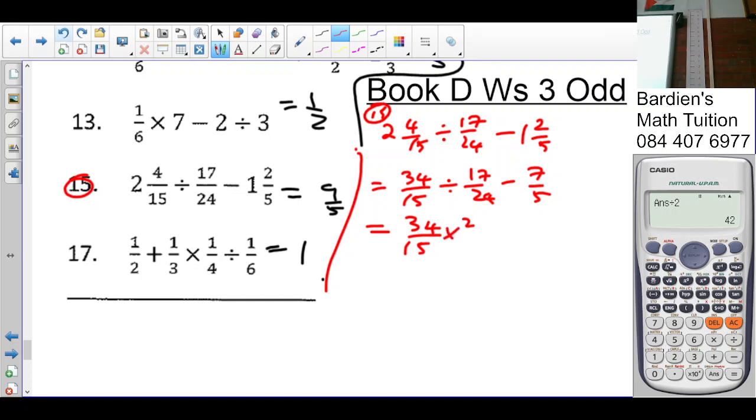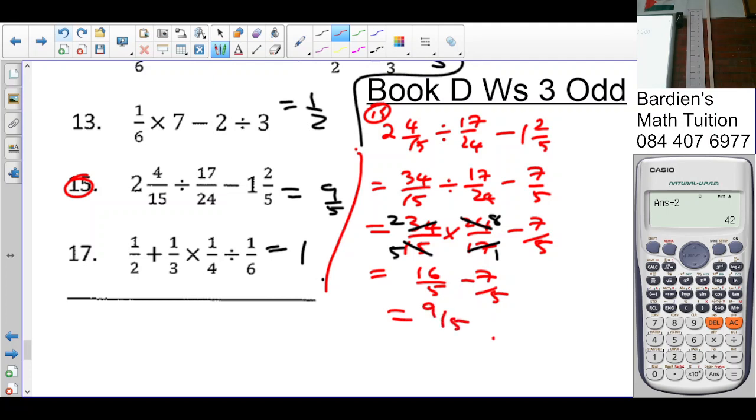Don't break families up, no? Keep them together. 17 goes into there once, here twice. 3 goes into here 5 times, whilst there 8 times, correct? So it's going to be 16 over 5 minus 7 over 5. What's 16 minus 7? 9. Which makes 9 over 5, correct?